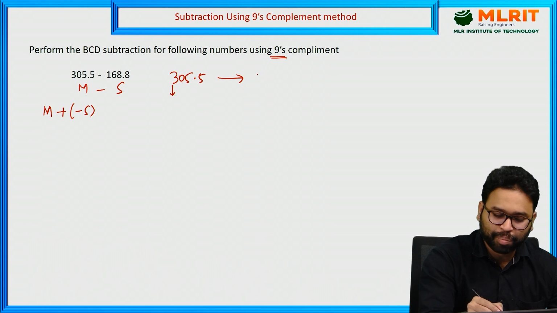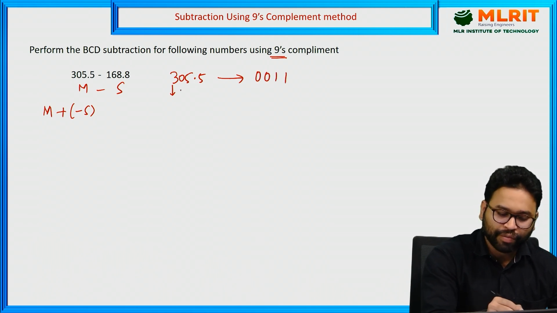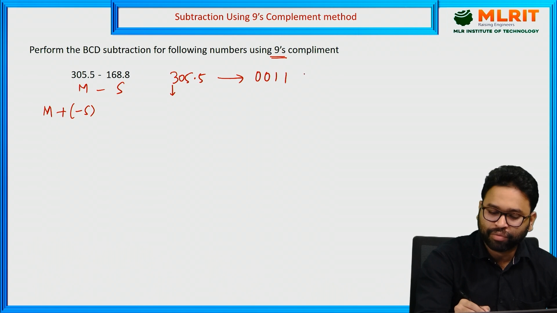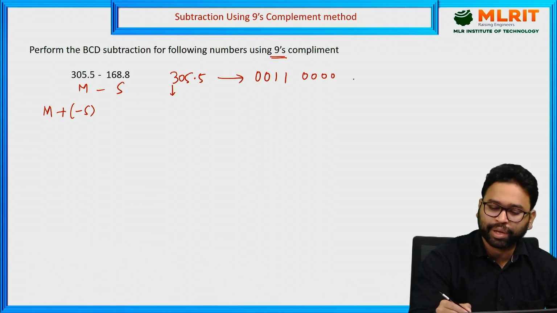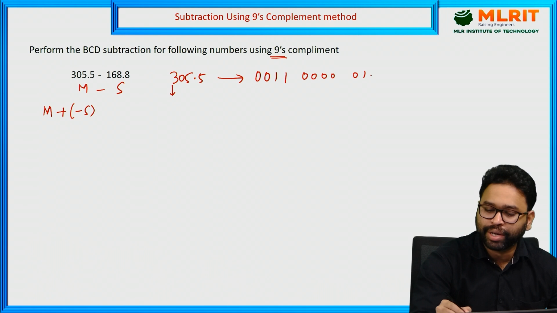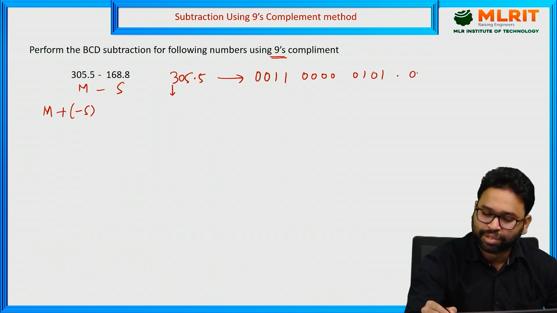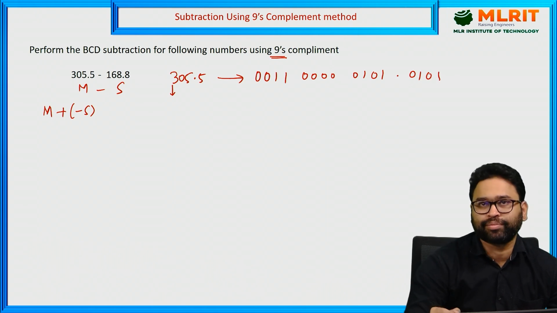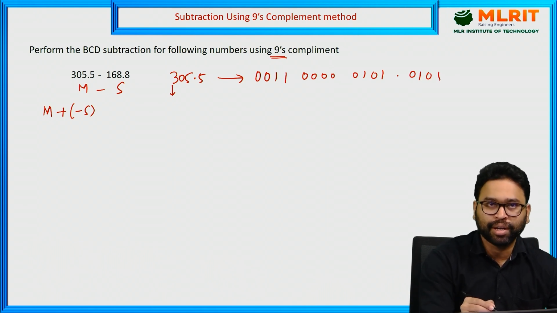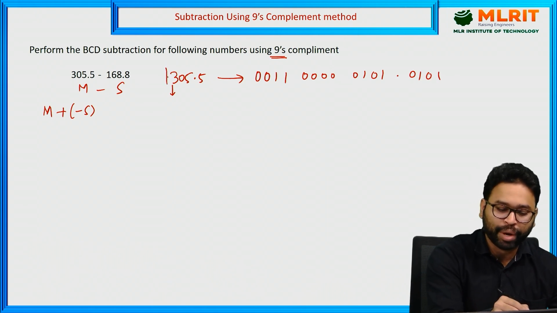So 3 can be represented as 0011, 0 can be represented as 0000, and 5 can be represented as 0101, then the decimal point. Afterwards it is given as 5, so it is again 0101. This is the equivalent value for the given minuend.